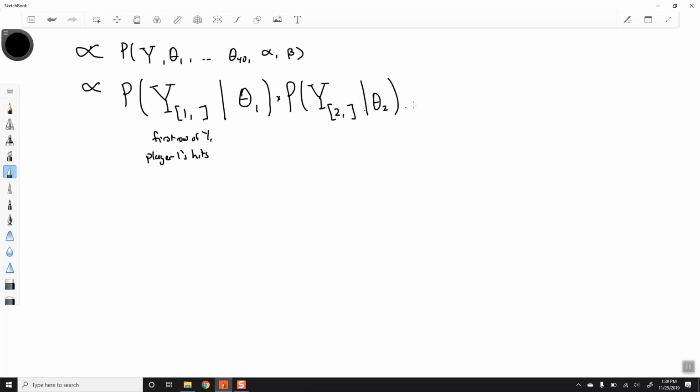And we would continue this, and we have factored this until we get to the 40th row of our data, and this only depends on the 40th theta. And I would also need to multiply this by the prior distribution.